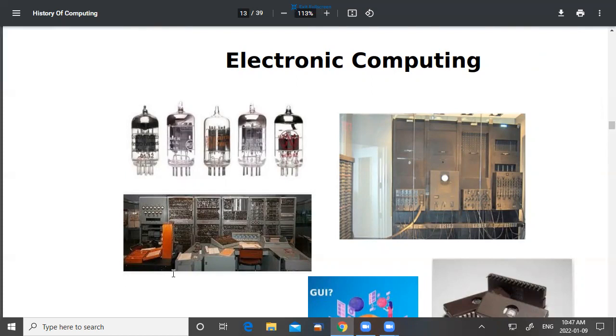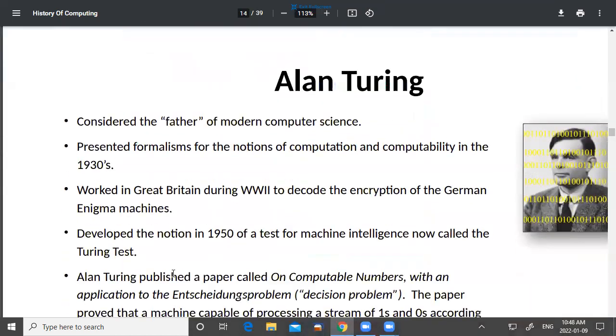So you can replace millions or billions of these with a single chip, because integrated circuits could go on a chip. That's why our computers are so powerful, right? This is way, way more powerful than anything that you're seeing here. Because of this miniaturization, that really made computing work for us.